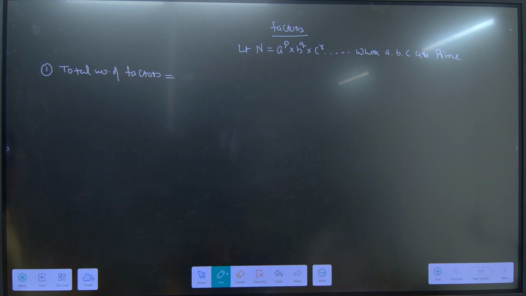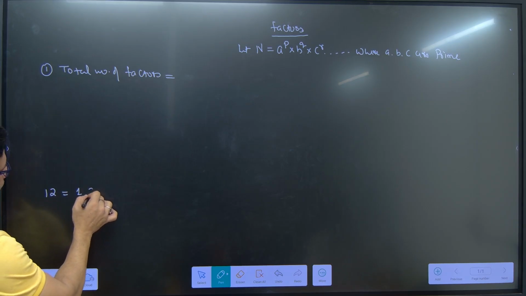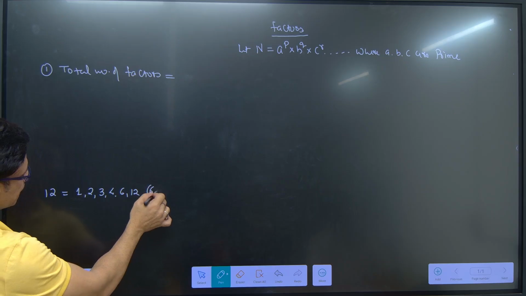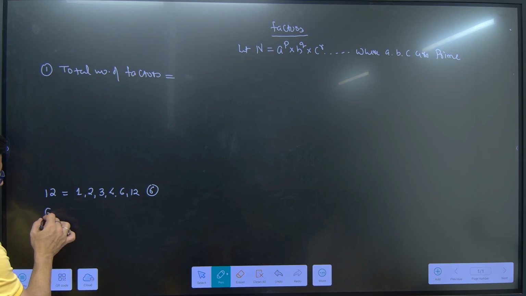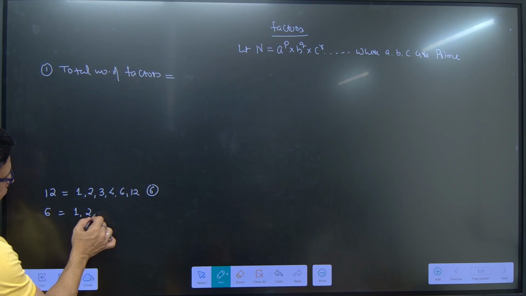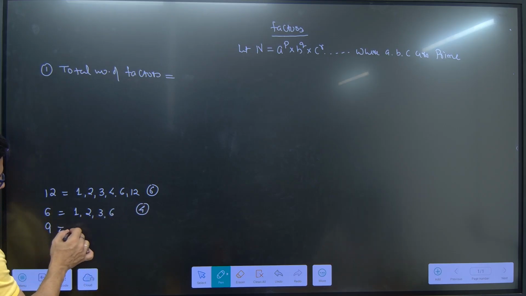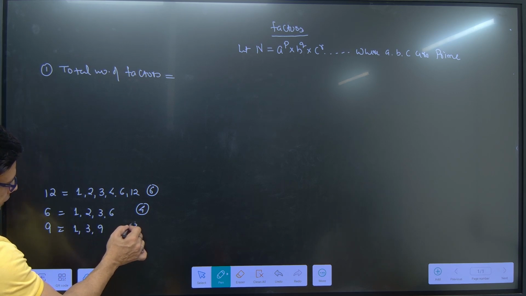Total number of factors means, if I have, let's say 12, so 12 has factors 1, 2, 3, 4, 6 and 12. So 6 factors are there, right? 12 has 6 factors. If I take, let's say 6, 6 has 1, 2, 3 and 6. It has 4 factors. 9 has 1, 3, 9. It has 3 factors.